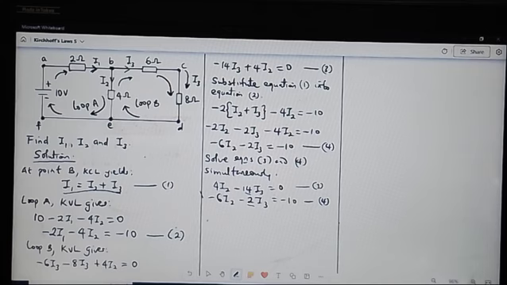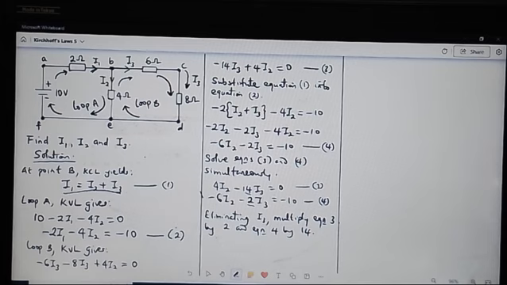So, eliminating I3, multiply equation 3 by 2 and equation 4 by 14.